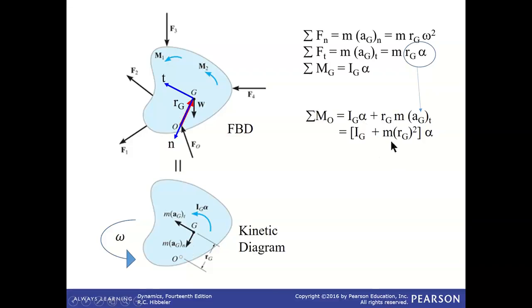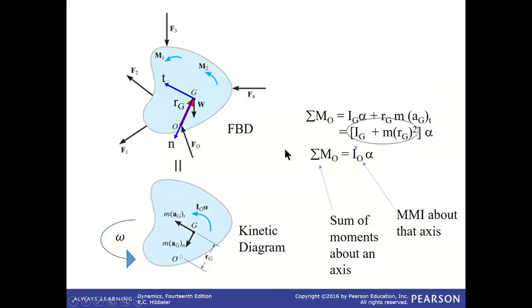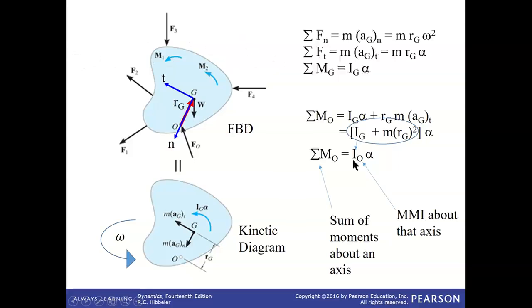So this whole term is called IO alpha, where IO stands for mass moment of inertia about point O, and alpha is the angular acceleration. And this is the sum of all moments about an axis that passes through O. So this is our third equation of motion.